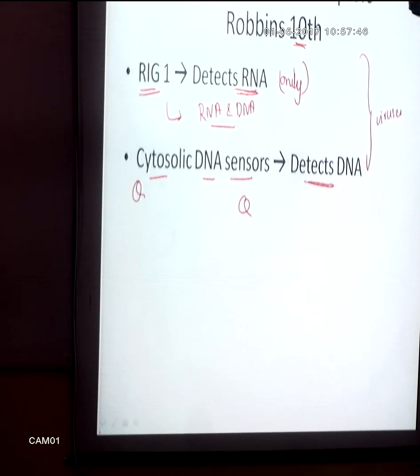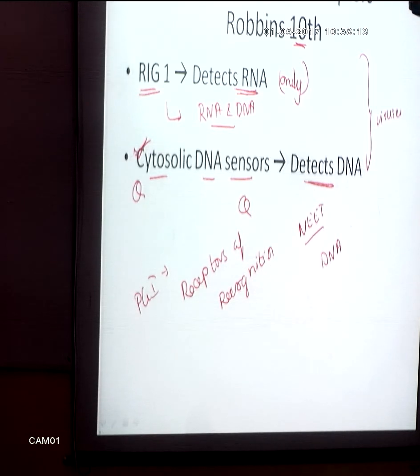Look for a question in PGI maybe: which of the following are receptors of recognition? It can be toll-like receptors, NOD-like receptors, RIG-like receptors, and look for this one also. Or in NEET, the question may be: DNA viruses or DNA in the cytoplasm of any organism is detected by.